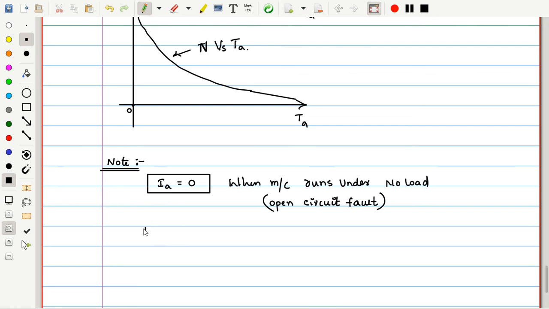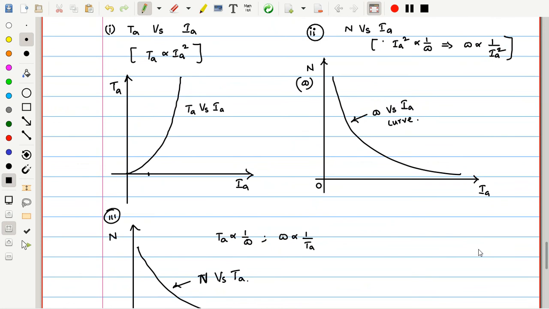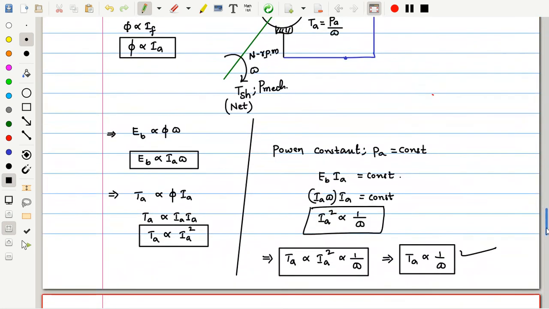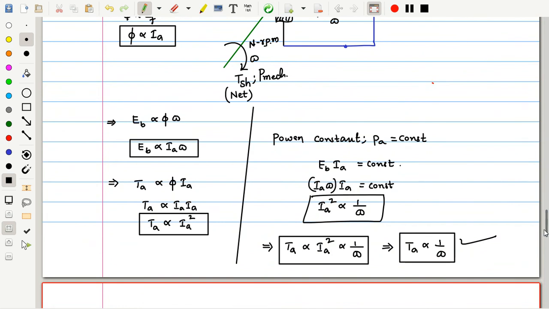If the armature current is 0, we know that Ia is equal to If, so If is also 0. If If is 0, as a consequence, the field flux is 0. If the field flux is 0, try to observe what the speed is. Speed is proportional to 1 by Ia square for a series machine.